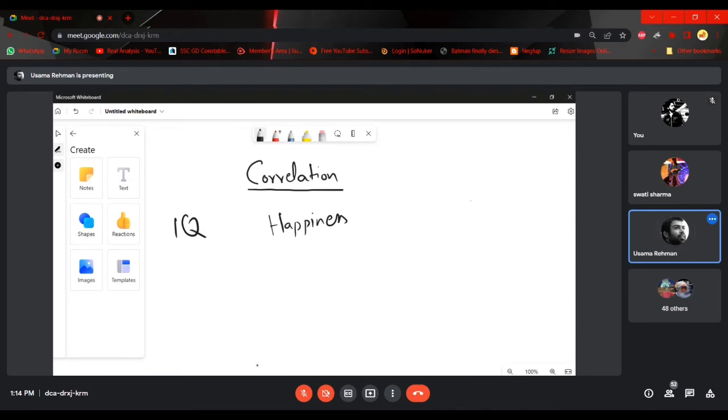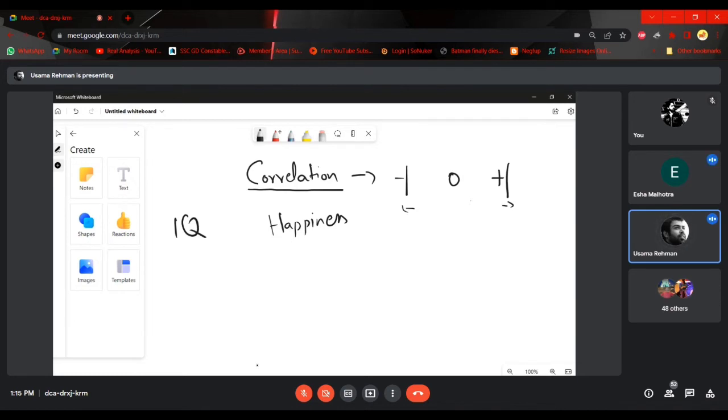So the range of correlation would be from -1 to +1, with 0 in between. If this is the range, your answer cannot exceed +1, and it cannot go below -1.